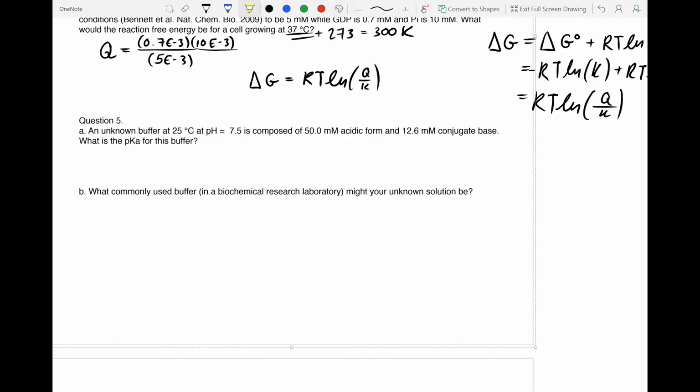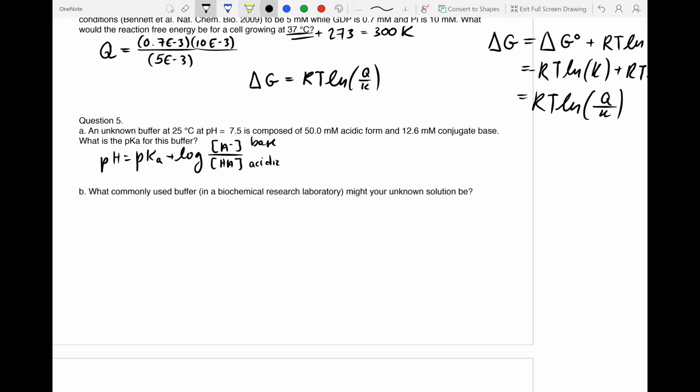So what they're asking us to use is the Henderson-Hasselbalch equation. Where, simply put, it's just going to be the base over the acidic form. Yeah, this is the standard version.